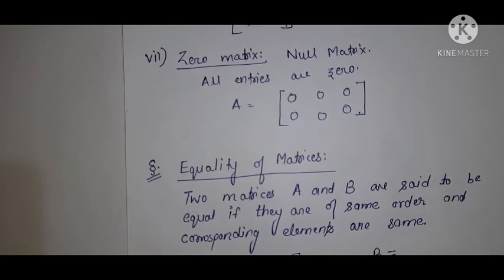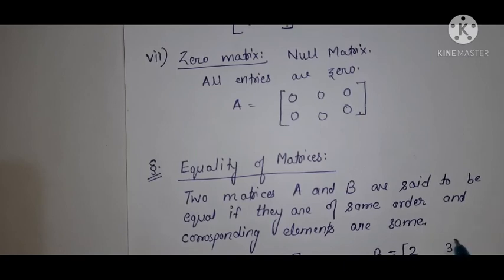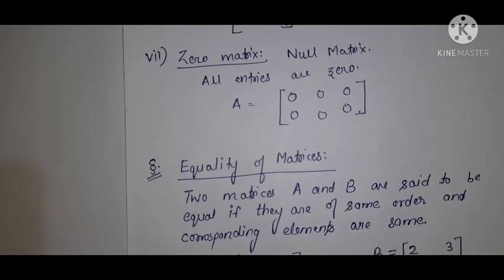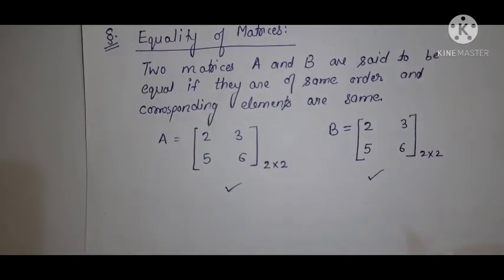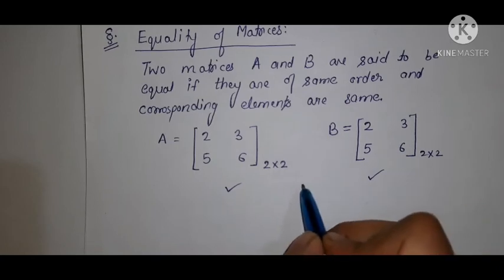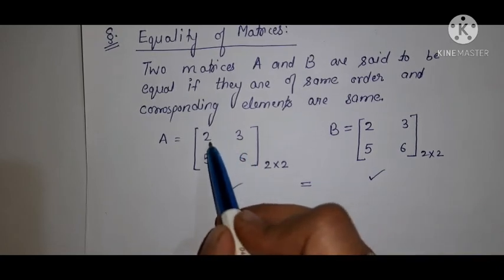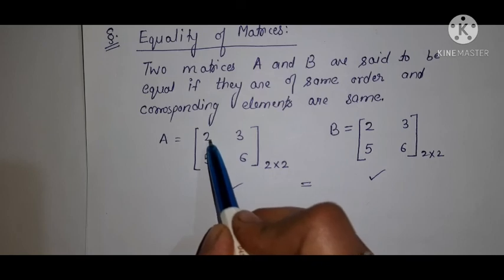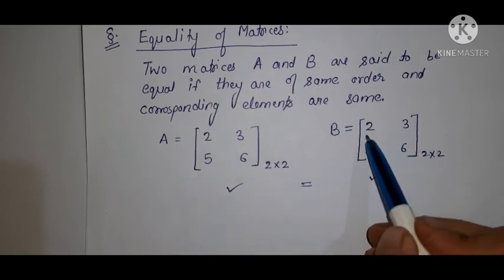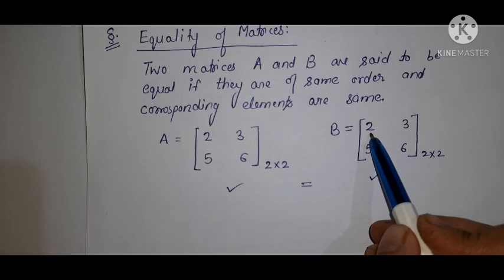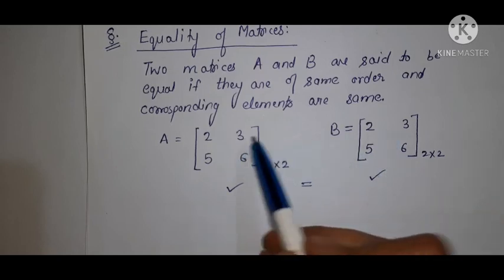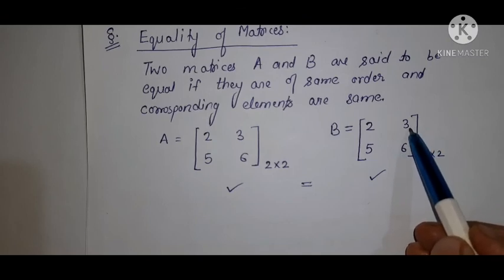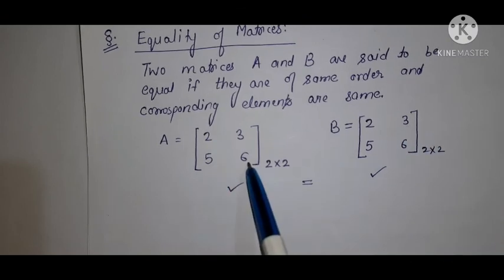Then if we have B, 2, 3, 5, 6. It is also a 2 by 2 matrix. Then these two are said to be equal. They are equal because the first row first column element is 2 here, and in matrix B the first row first column element is 2. Similarly, the first row second column is 3 and the element at first row second column is 3. Similarly, this one and this one.